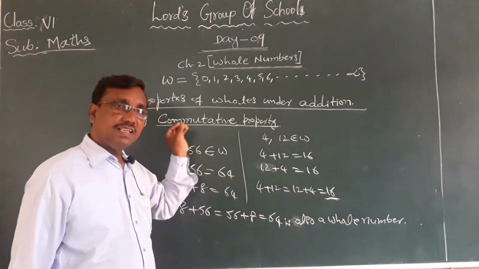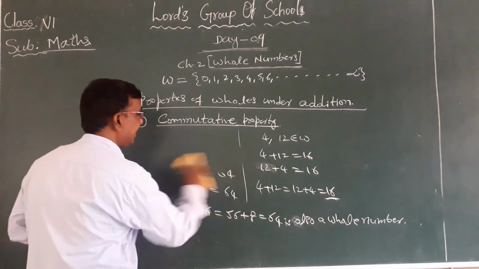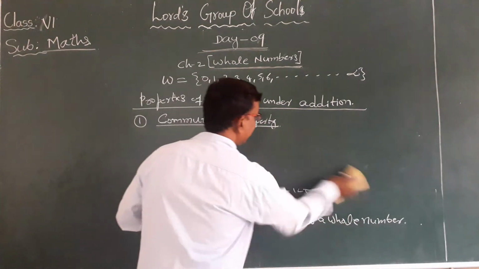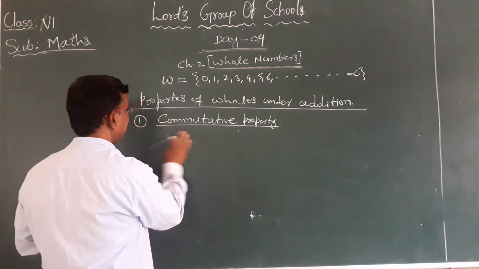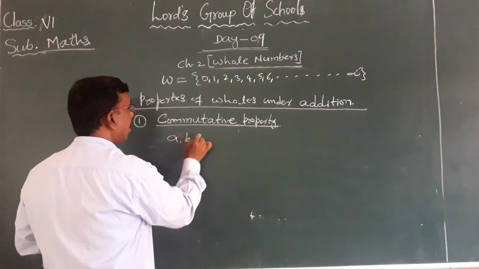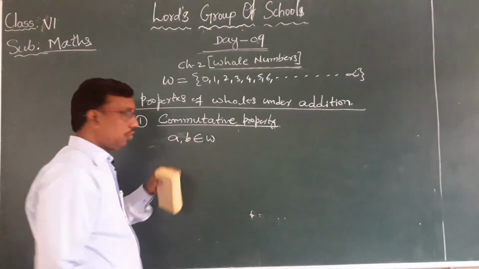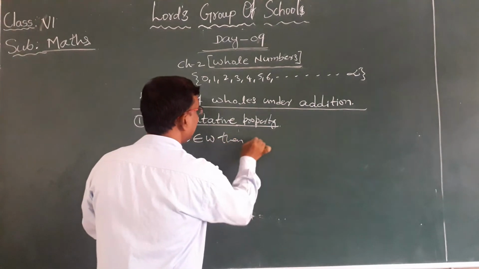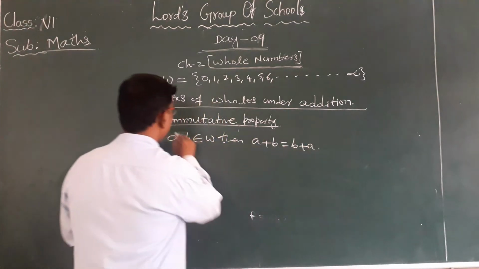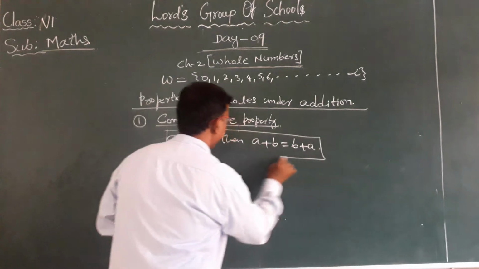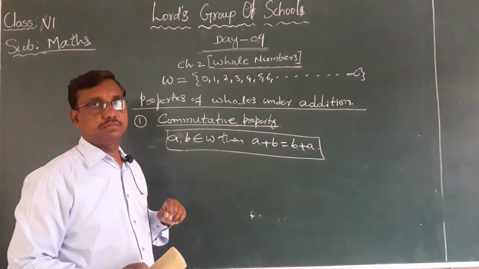Commutative property under addition. In general, generalizing, in the place of these numbers let us take some letters, A and B, or C, D, anything we can do. For all A, B, any two whole numbers, A plus B is equal to B plus A. So this is called commutative property of whole numbers under addition.